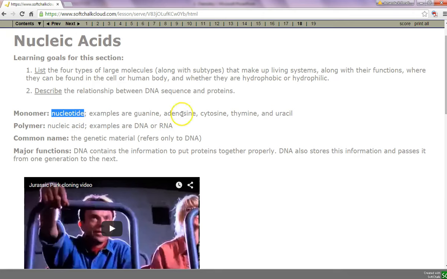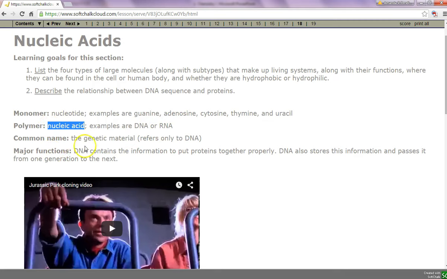And you may have heard of some of them: guanine, adenosine, cytosine, thymine, uracil, okay? Those are examples, but the monomer is called a nucleotide, and then the polymer is called nucleic acid. And examples of that are DNA or RNA, but keep in mind the polymer is called a nucleic acid.